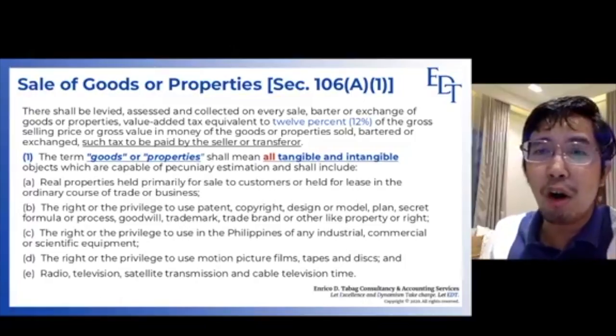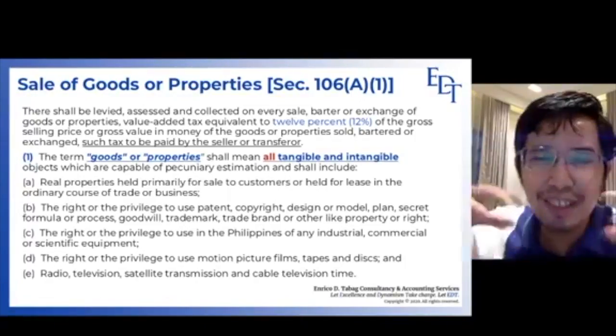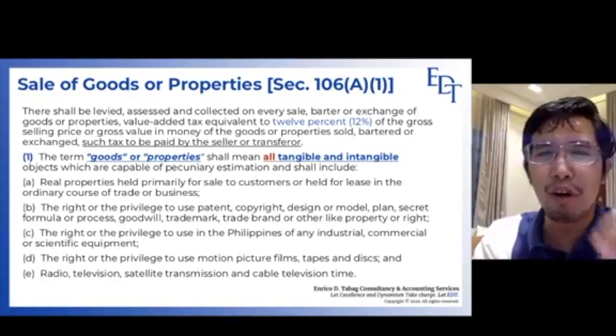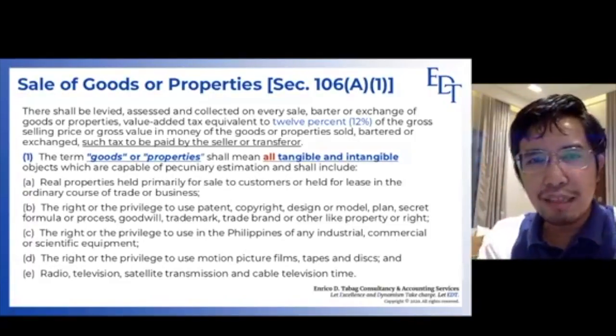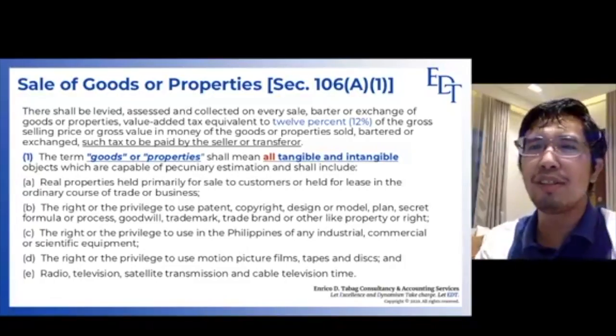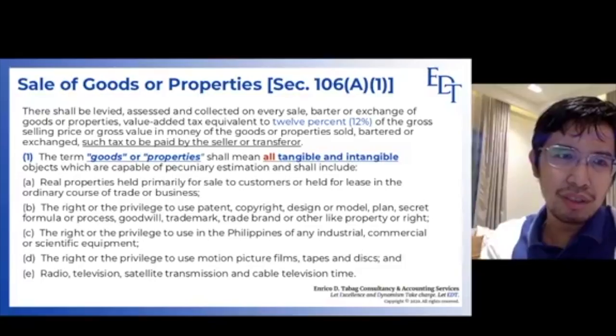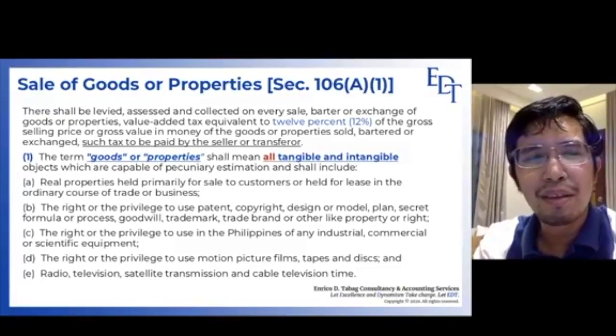At pansinin mo, all. Napaka all-encompassing siya, di ba? So, all tangible and intangible objects. So, dahil ginamitan ng all na terminology, lumalabas itong mga enumerations mo, hindi ito all-inclusive. Lumalabas parang example lang tong mga to.